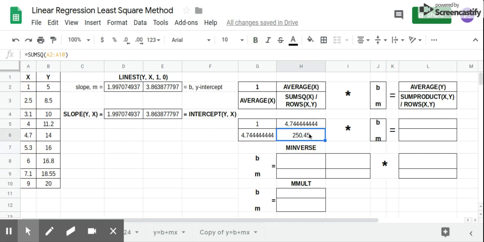This divided by the number of rows, the number of rows of this range.